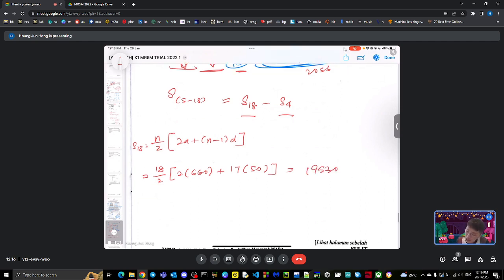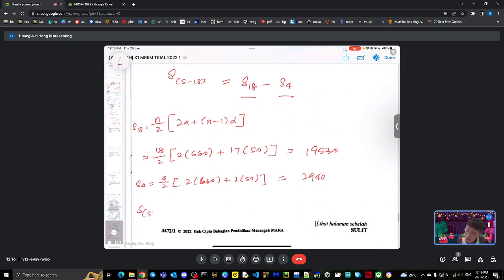19530. Okay, now we want S4, so S4 is 4 over 2, 2 times 660 plus 350, 2940. And then we want the sum from the 5th term to the 18th term. It will be S of the first 18 terms minus the first 4 terms. So it will be 19530 minus 2940, this minus that, and then it will give you 16590.